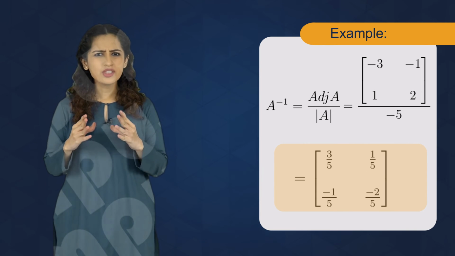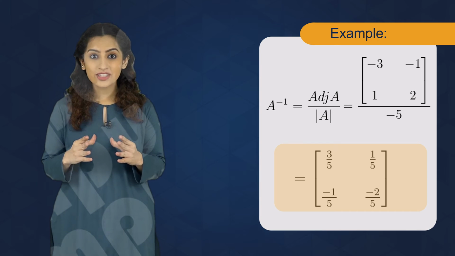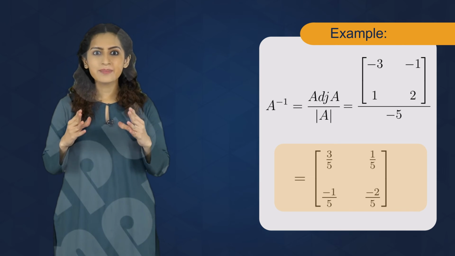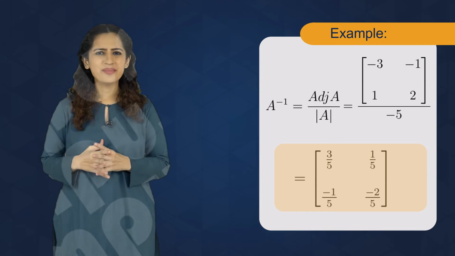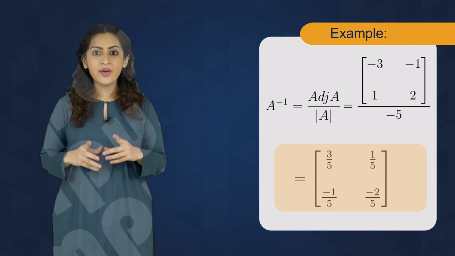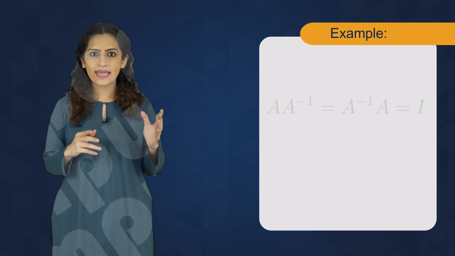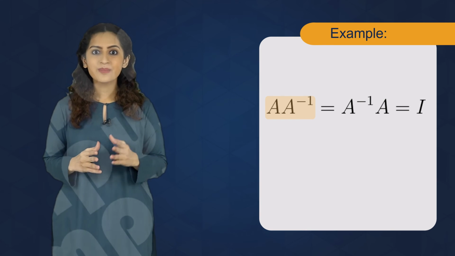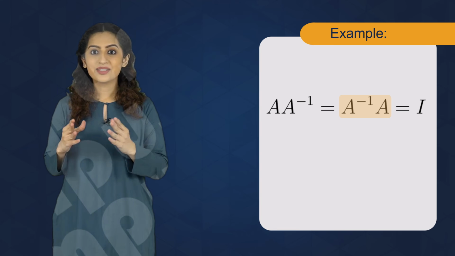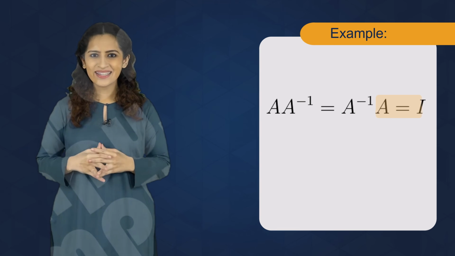But how can we be sure that this matrix is actually the multiplicative inverse and not just any matrix with some random numbers? Remember this relation. A into inverse of A is equal to inverse of A into A equals 1.